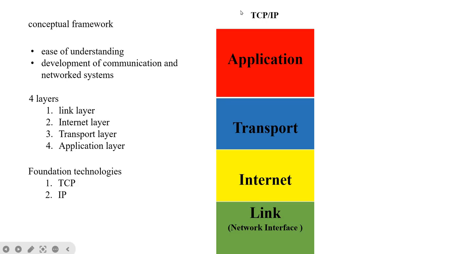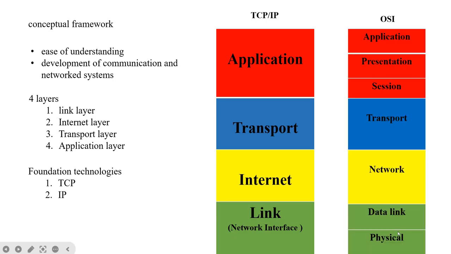These are the four layers of the TCP/IP protocol suite: link layer, internet layer, transport layer, and the application layer. The link layer is the lowest layer, and it is also called the network interface layer. And these are the layers of the OSI reference model. As you can see, the TCP/IP protocol suite has only 4 layers, whereas the OSI reference model has 7 layers.